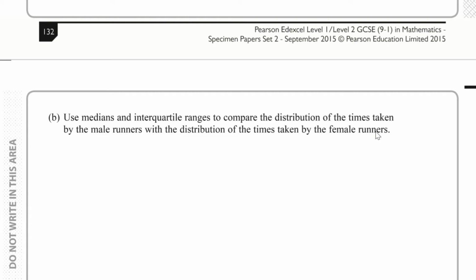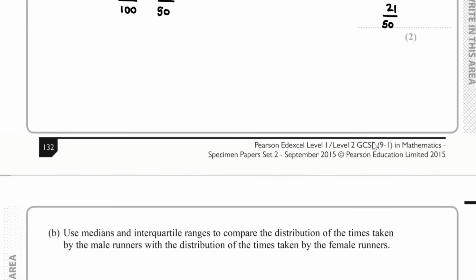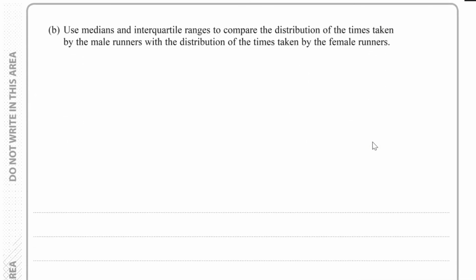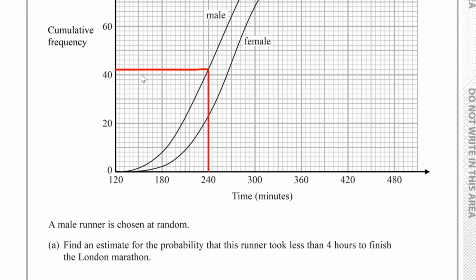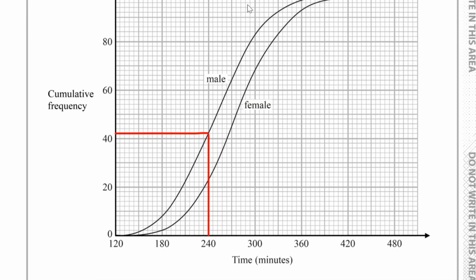So here we need to compare the median and the interquartile range for both males and females. So we have this table over here, which we will use to compare the median and the interquartile ranges of males and females. Now let's do males in green.